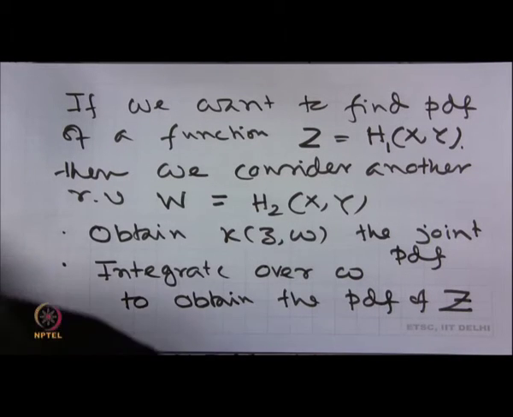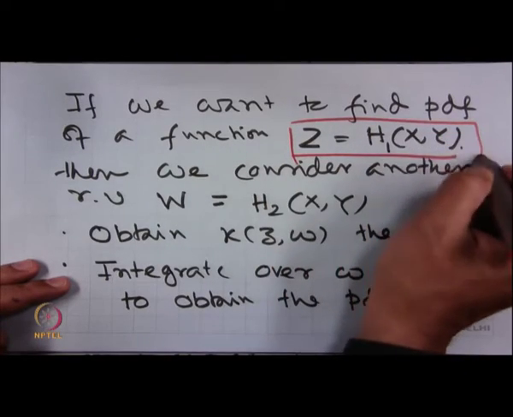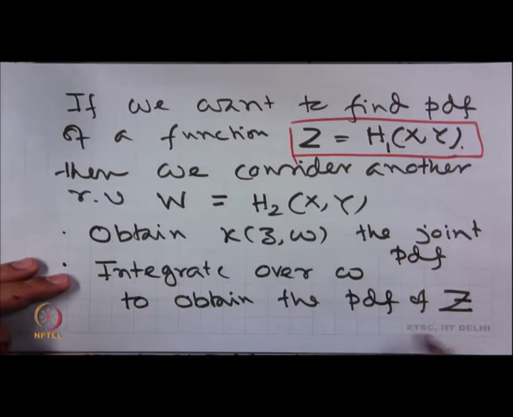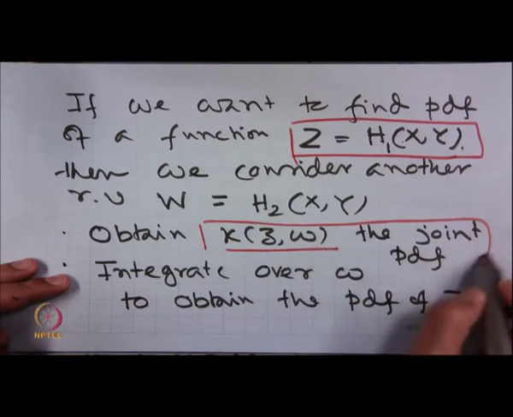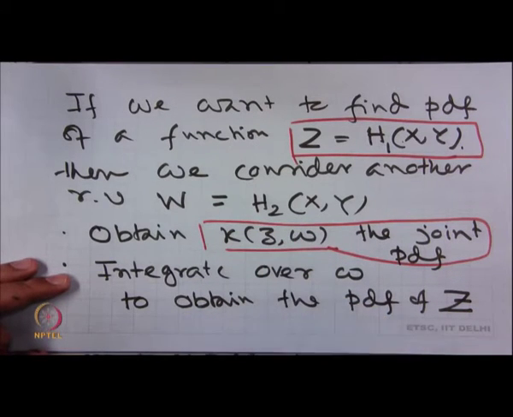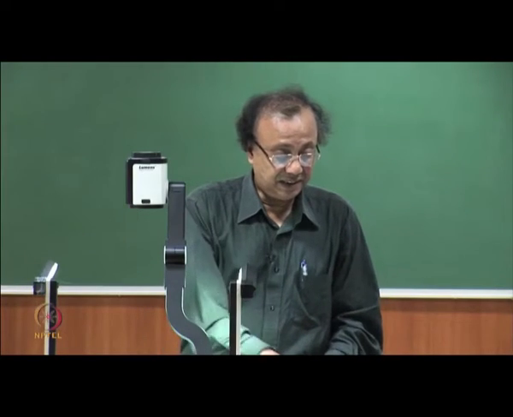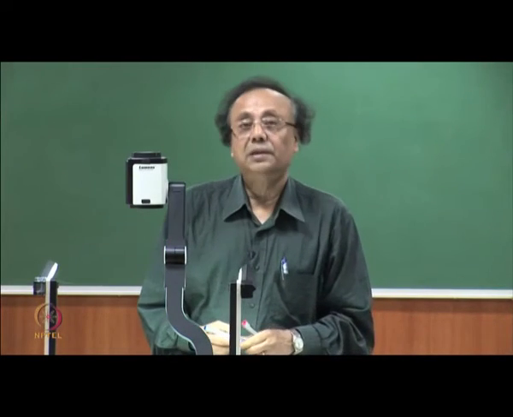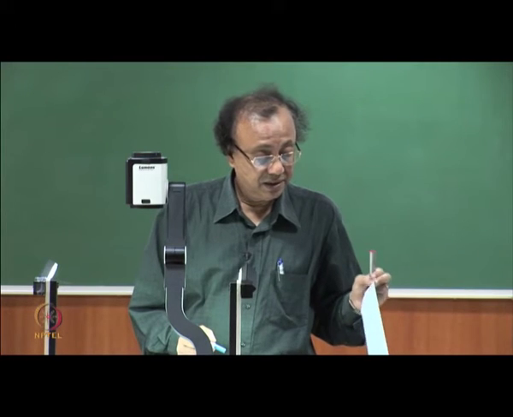Since our interest was only in this, in order to get its PDF, we need to find out first the joint PDF by appropriately defining w, so that this integration becomes easier, and from there we obtain the PDF of z. Therefore, let us now look at the same problem of summation of 2 chi-square distributions.